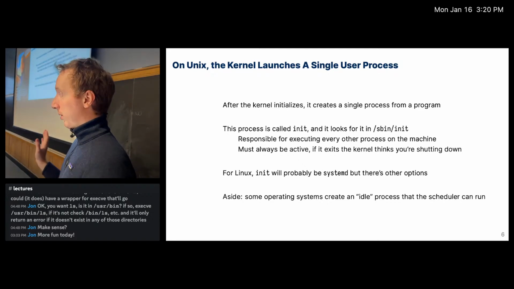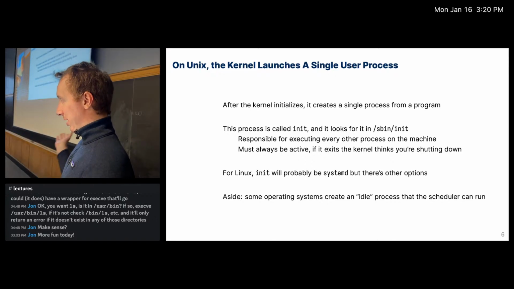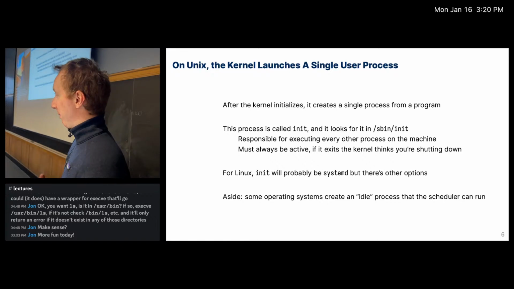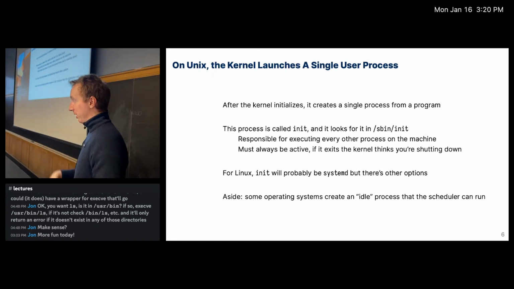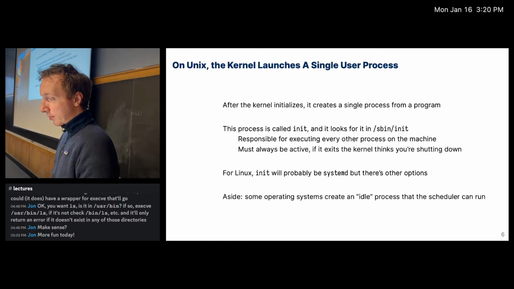And that is responsible for executing every single other process on the machine. If that process does not exist, then the kernel thinks you're shutting down and it will exit for you and shut down your computer. So basically, if that process exists, your operating system exists. If that process is gone, that means you want to shut down the computer, so the kernel would go ahead and shut down the computer for you.